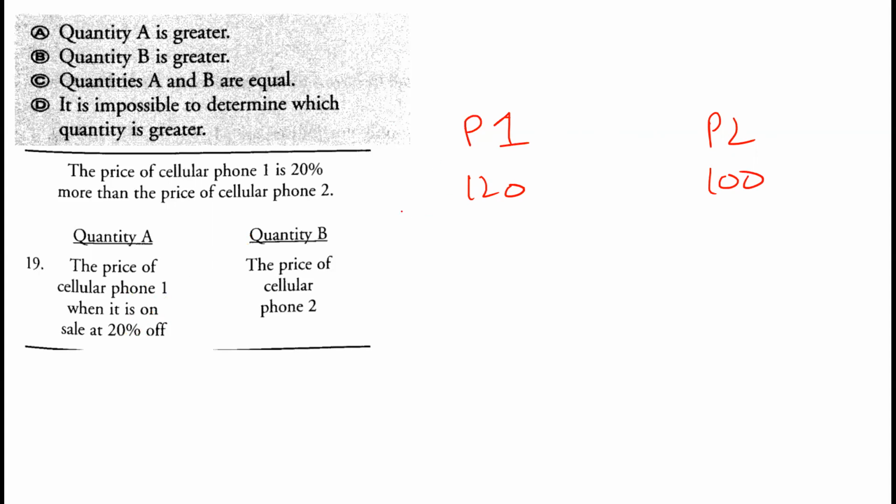If we have $100, 20% of $100 would be 20. But 20% of 120 would obviously be more than 20. So 20% of 120 would be 24. So there's a $24 discount over here.